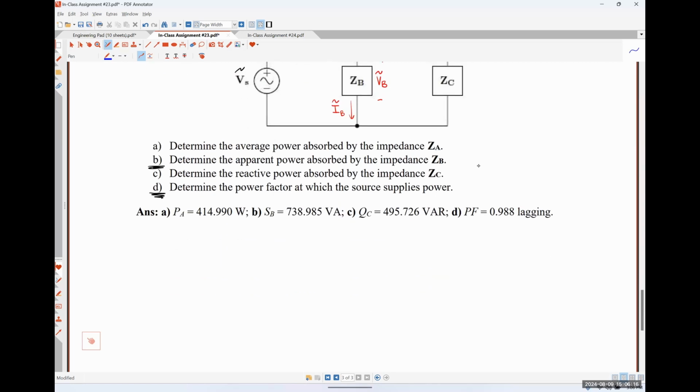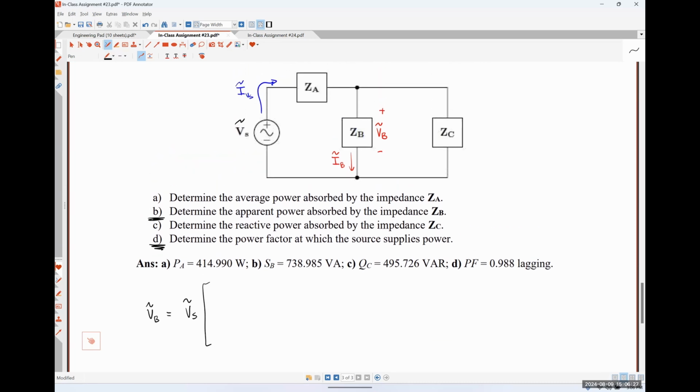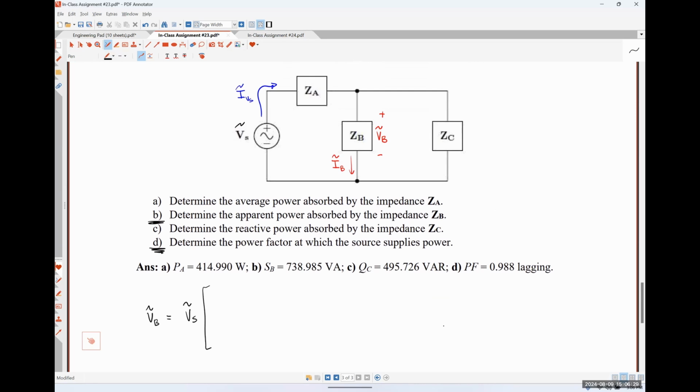So using voltage division, we could say that VB is just our source voltage times, so notice that impedance ZB is in parallel with impedance ZC, and that voltage VB is the drop over those two impedances in parallel.